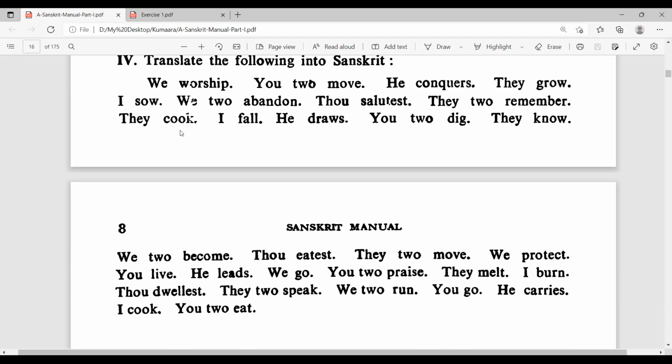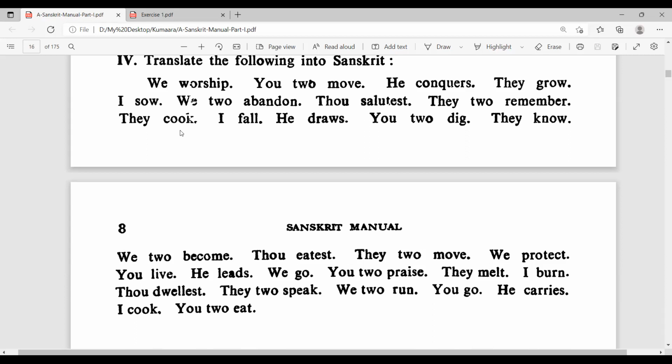To remember. So thou smarasi. Yes. They cook. Te pachanti. Okay. I fall, aham patami. He draws. Te karshanti.